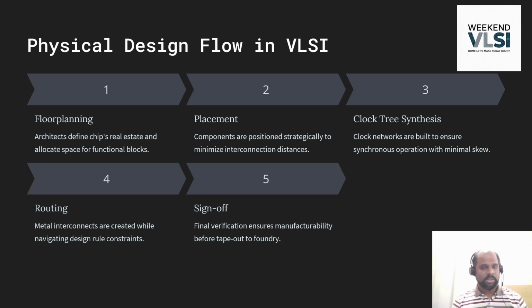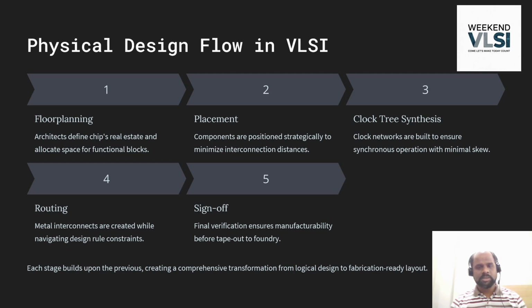And last but not least, we also do the logic equivalence check, because the functionality should be the same logically and physically. This is what LEC, or logic equivalence check, does. So these are the steps which we follow in the physical design flow, a 5-step process. Maybe I will give you details on these steps in the next video.